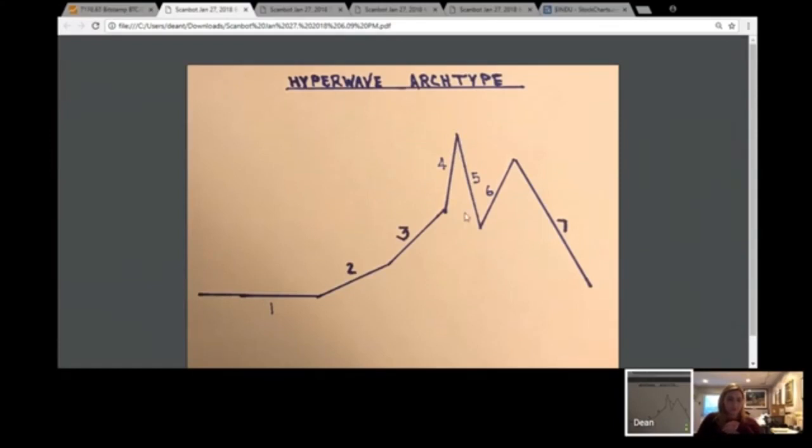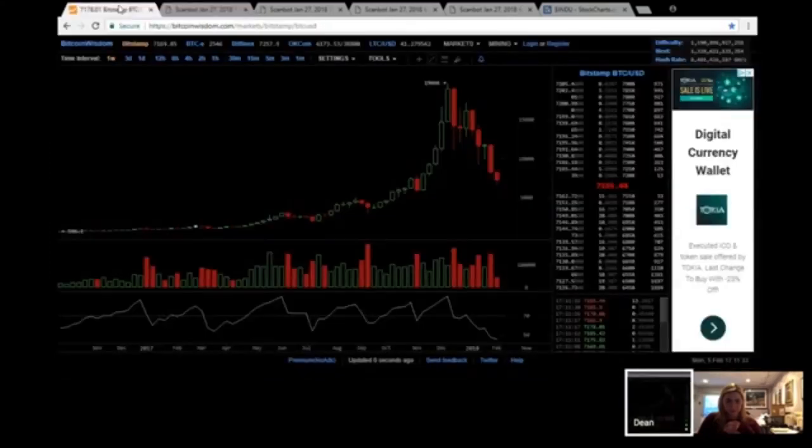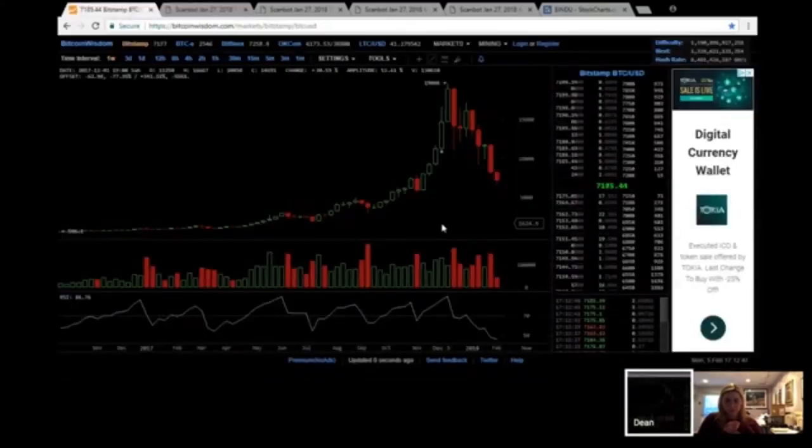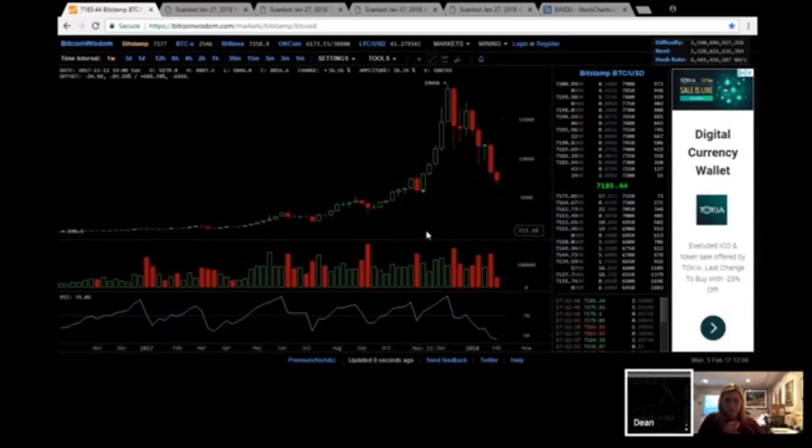Then it goes through a 3-phase correction, 5, 6, and 7. And one of the most difficult things about the analysis of hyperwaves is when you are moving from a 4 down into a 5 and back into a 6. And there's a lot of reasons for that. You've seen some of them in the examples that we've given before.